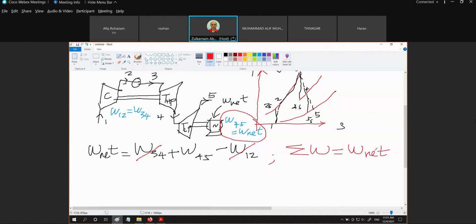So this is the equation that we use: sigma W is equal to the W net. So these are the extra equations that we can use for this type of arrangement.